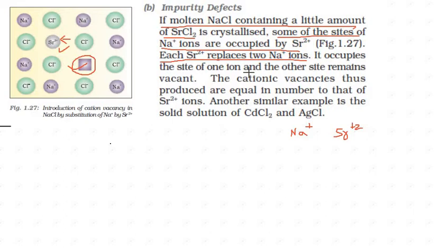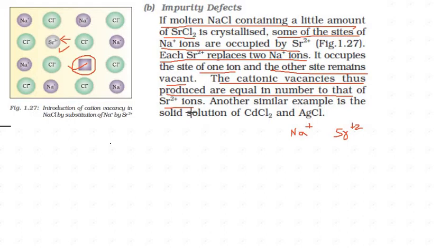It occupies one site and the other site remains vacant. So the cationic vacancies thus created are equal in number to the Sr plus 2 ions.